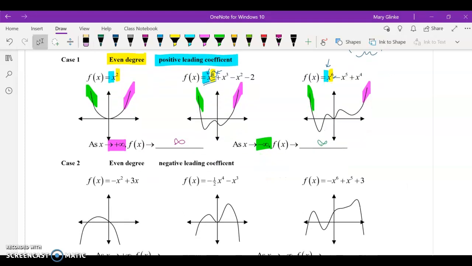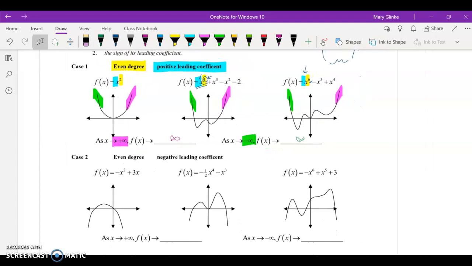Whereas this next one, it's the same idea. They're all even degrees. All of these graphs are pointing downwards, and that's because the negative leading coefficient means it's going to open downward.